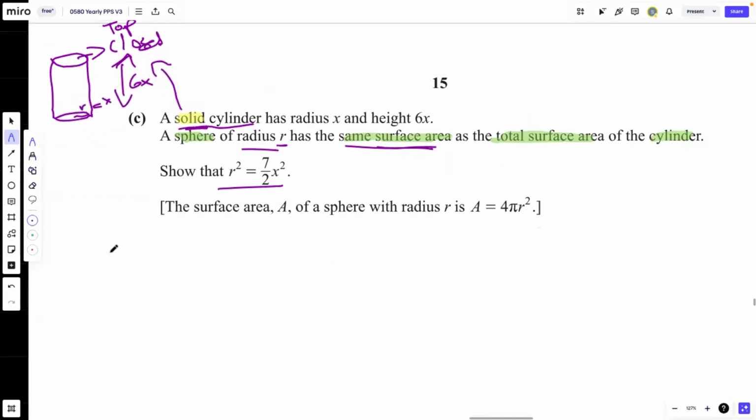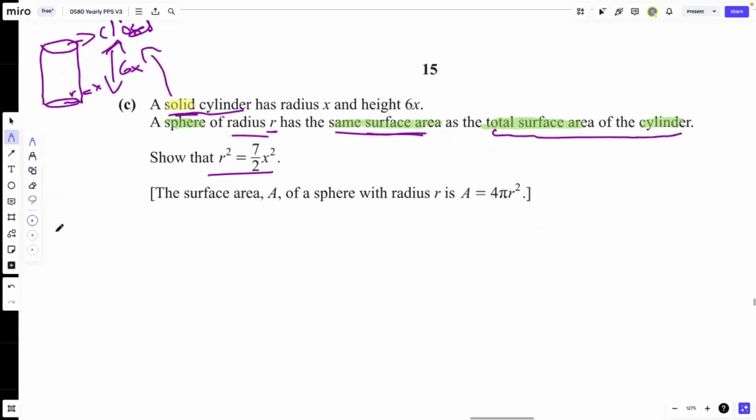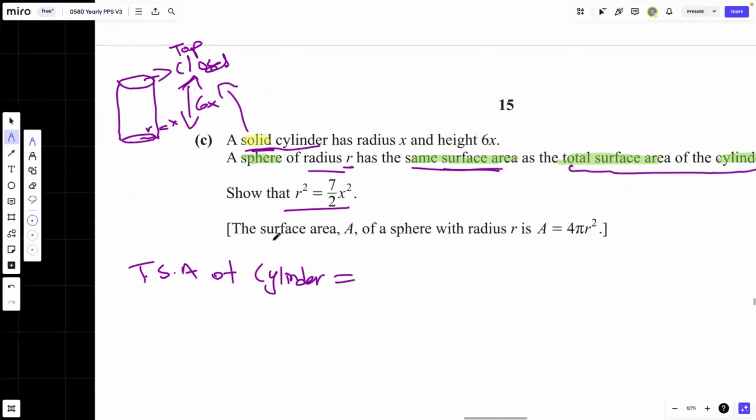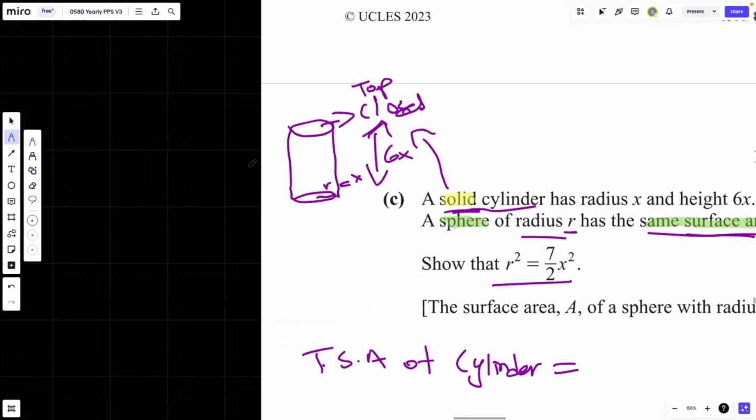So what do we know so far? The total surface area of the cylinder. First, let's try to figure that out. How do we know that? When we look at the cylinder and try to open it up, what is a cylinder basically?